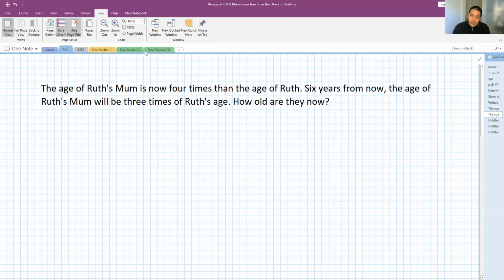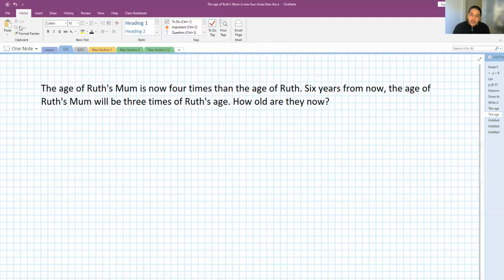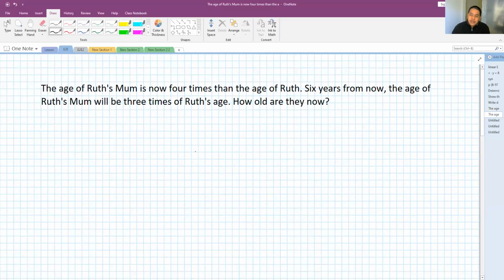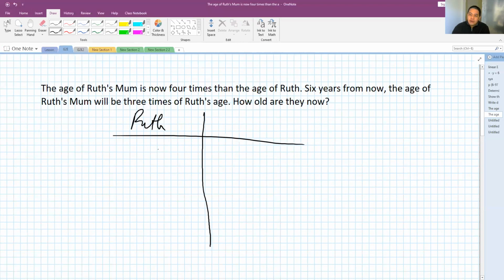Normally we will start with, for example, let's say the age of Ruth, it's something that we don't know. We can just write any letter if you want. Normally we'll just write something like X or any letter you want, right? R, for example, if you want to write a different letter.